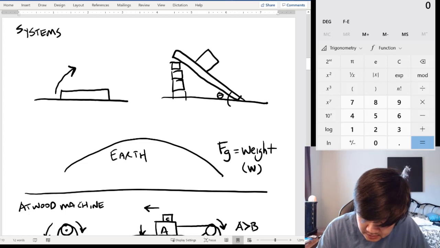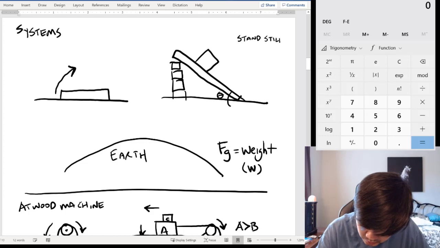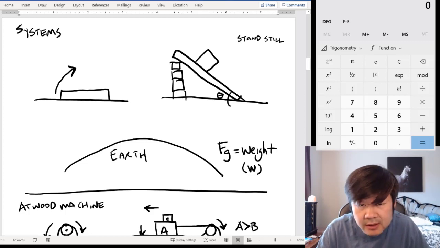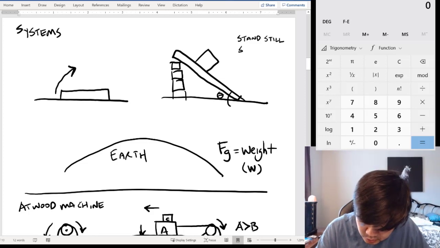Now in this case, without any other data, we would know that this box would either stand still, so that would mean that the friction on the ramp was great enough to keep that box on the ramp. It would speed up going down.